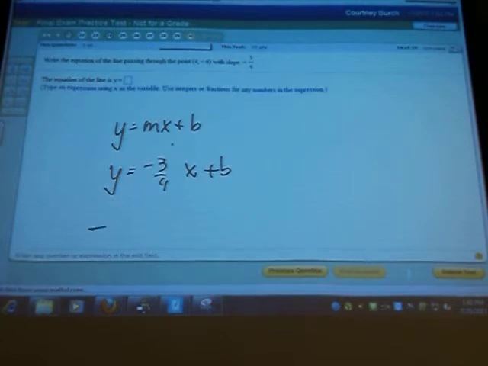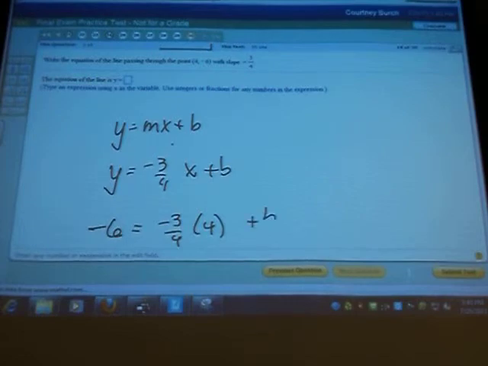So my y is negative 6. My x is 4. And then you can solve that for b. If it gives you 2 points, you got to find the slope first. And then use either point for your x and y.